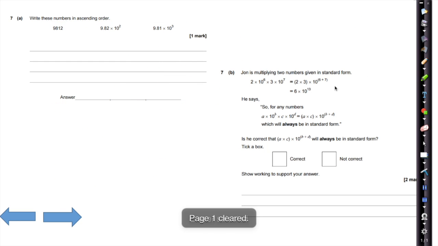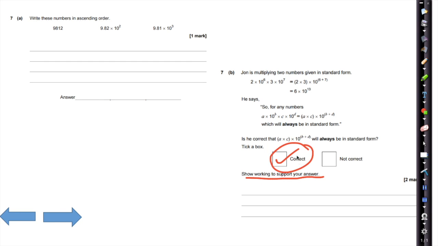Finally, looking at 7b, John is multiplying two numbers in standard form. You get 1 mark for ticking either one of these, as long as you've got a statement that supports your answer. So you could actually be incorrect and tick the box that says correct, which is wrong.